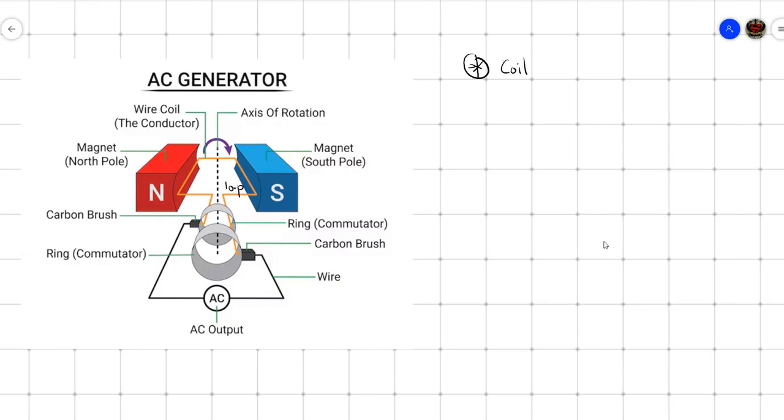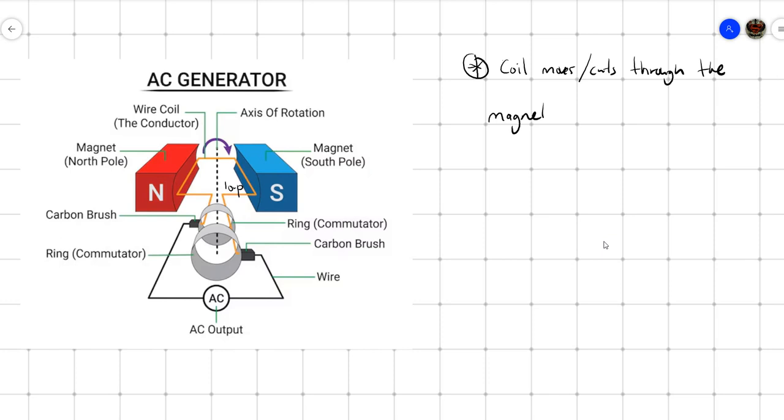So the coil of wire is moving, so the coil of wire moves/cuts through the magnetic field of the permanent magnets.